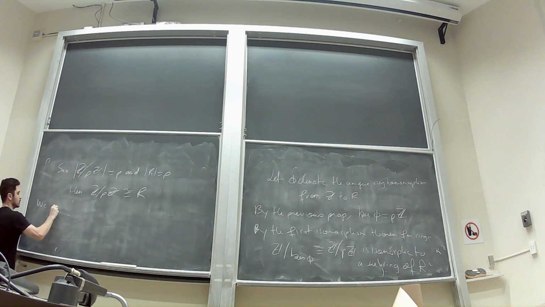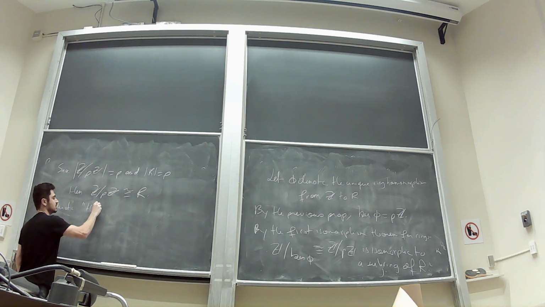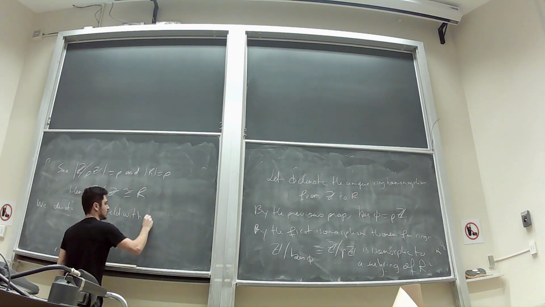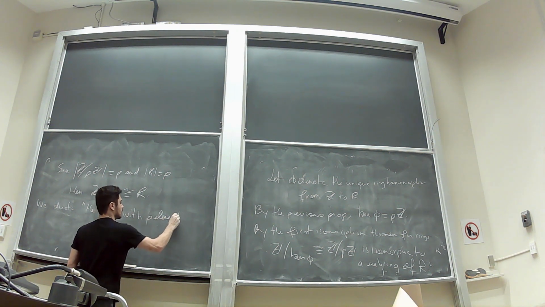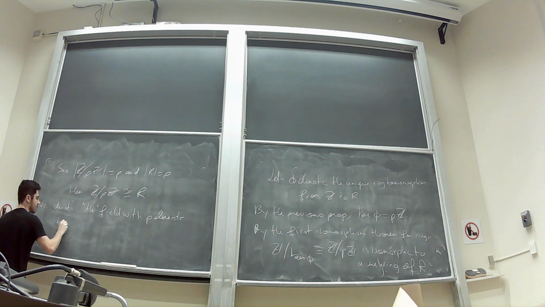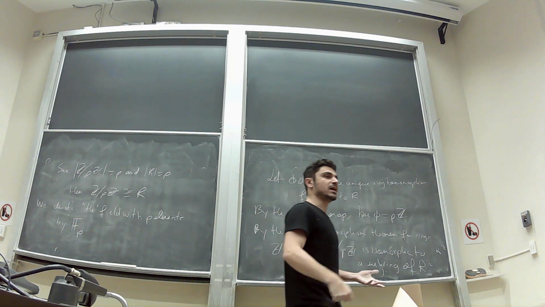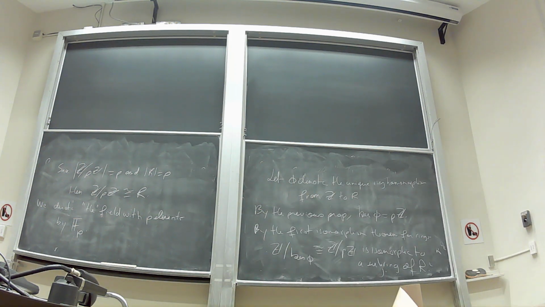We denote the field with P elements by FP. Because any ring with P elements is isomorphic to Z mod PZ, we have a notation for it that we call F sub P. Okay, so whenever I write F sub P, you can assume it's just Z mod PZ.